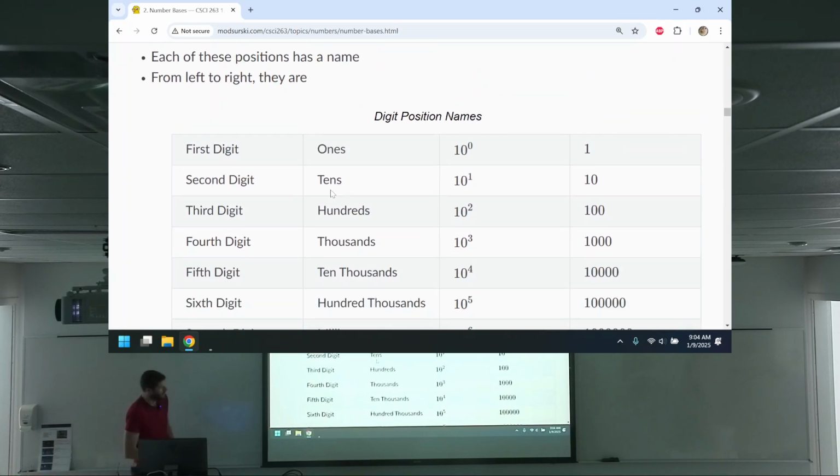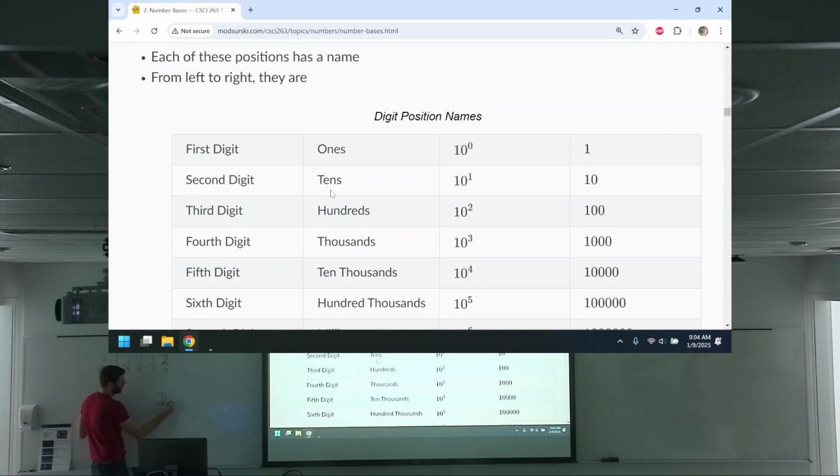If I have 1, 1, 1, 1, 1, that's 6 different ones, and they all have a different meaning. The positions are 0, 1, 2, 3, 4, 5. A 1 in this position could be the number 2 instead, it doesn't really matter.